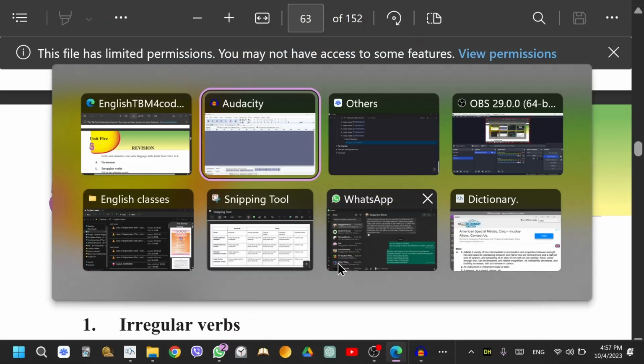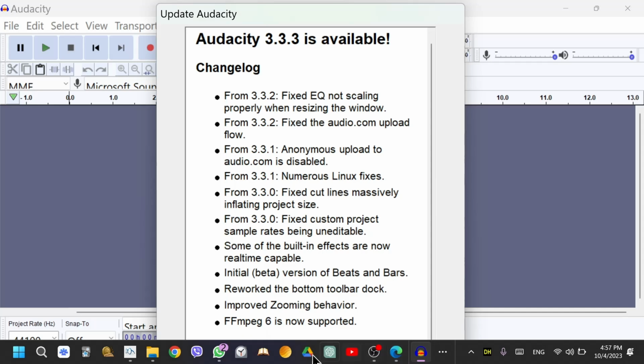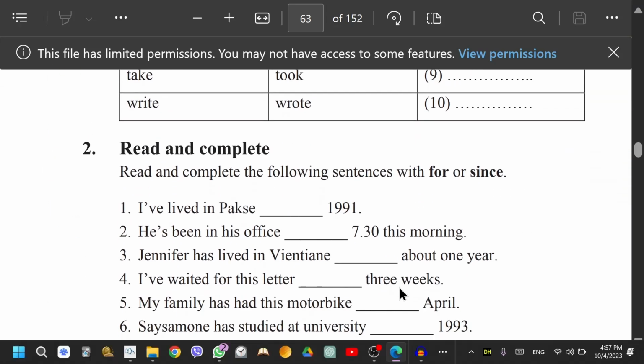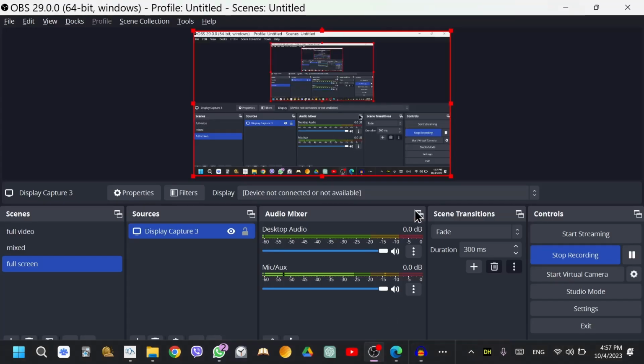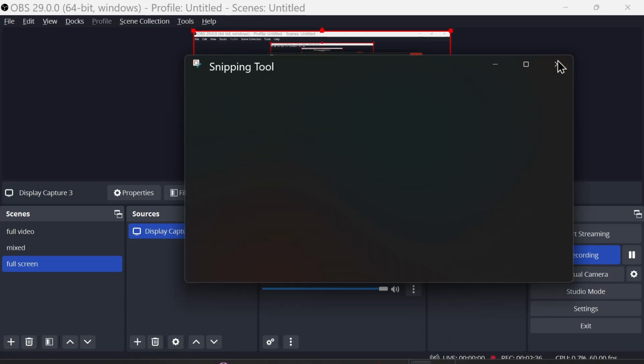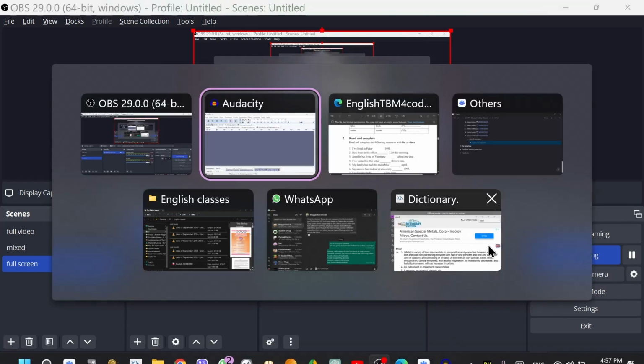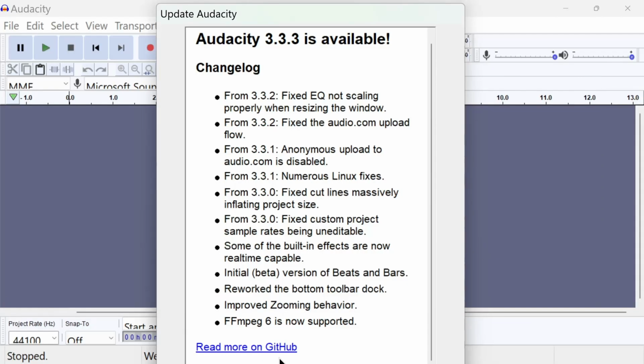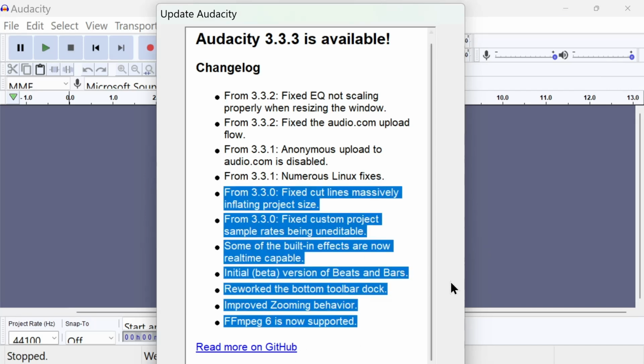Why doesn't the bar go away? I still cannot see the skip or remove.